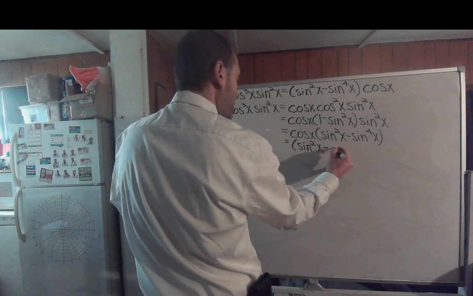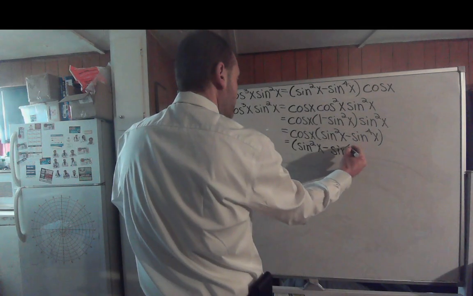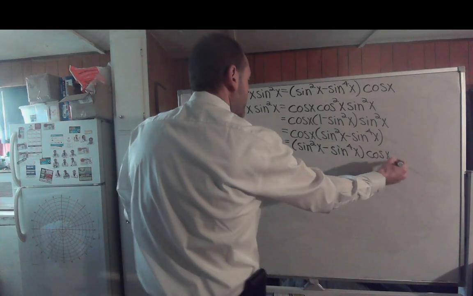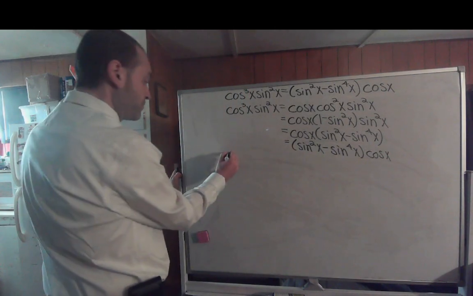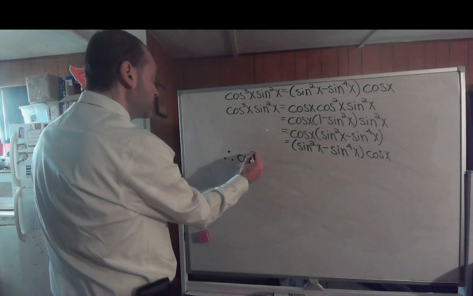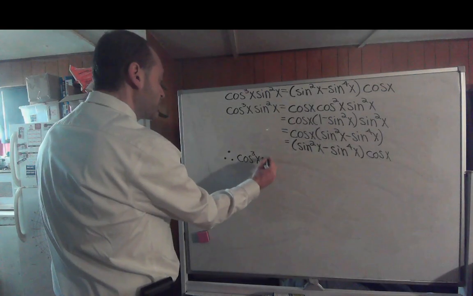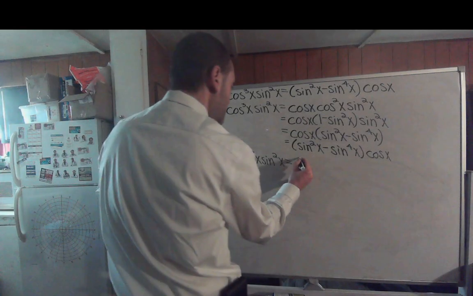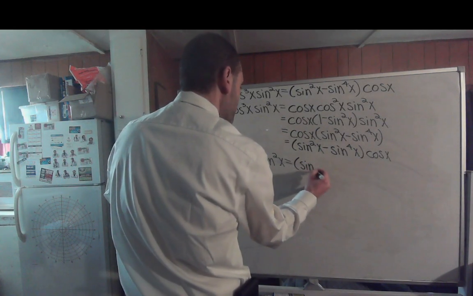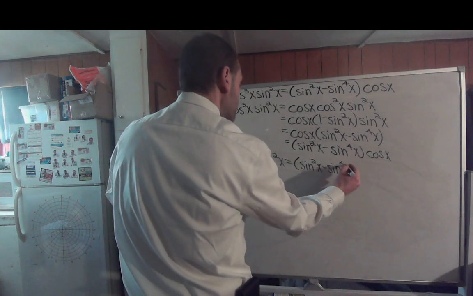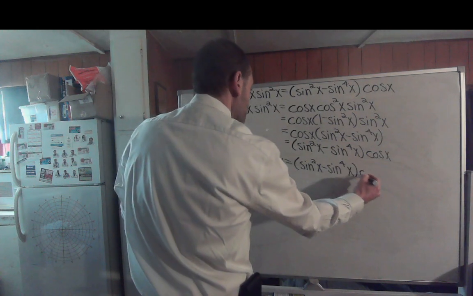So sine squared of x minus sine to the fourth of x times the cosine of x. So therefore, we can say that cosine cubed of x sine squared of x is equal to the quantity of the sine squared of x minus sine to the fourth of x times the cosine of x.